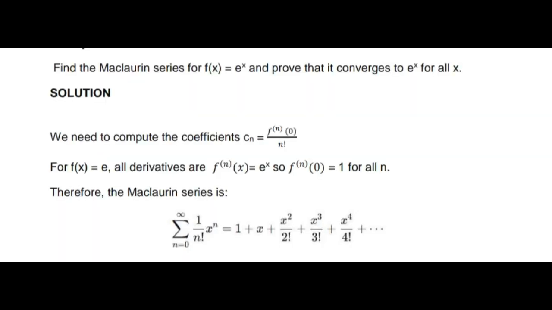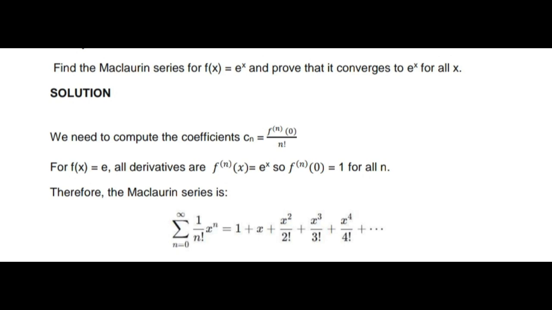Now let's have an example. Find the Maclaurin series for f of x equals e raised to x and prove that it converges to e raised to x for all x. For our solution, we need to compute the coefficient c sub n equals f raised to n of 0 over n factorial. For f of x equals e raised to x, all derivatives are f raised to n of x equals e raised to x.